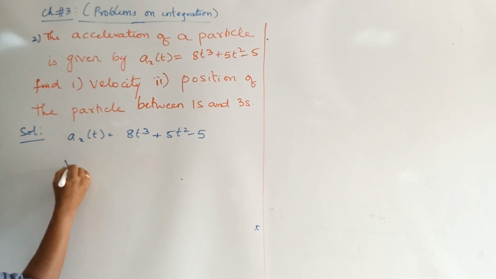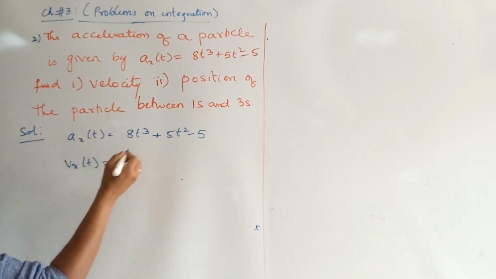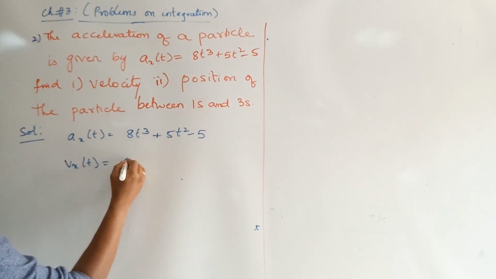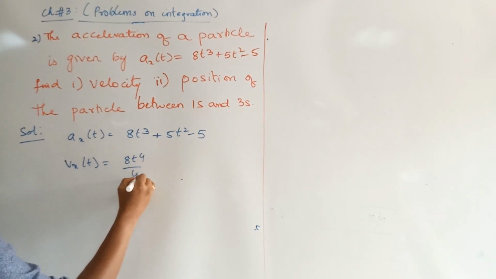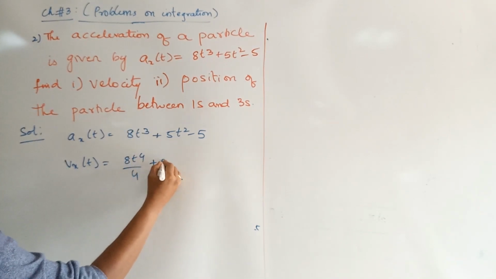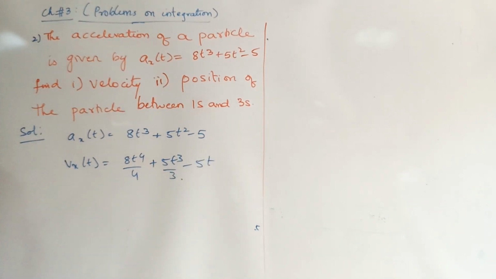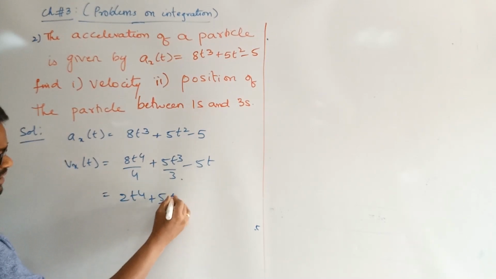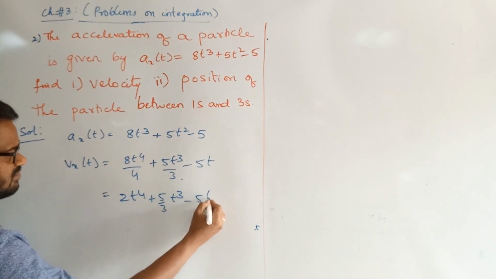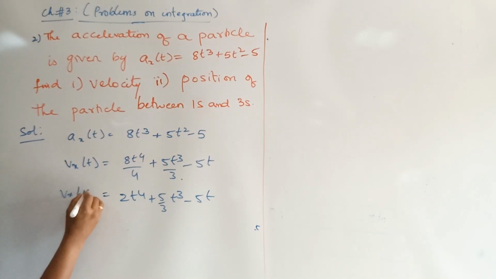Integration of this equation would be in the form of a t power 4 by 4 plus 5t cube by 3 minus 5t. This would be the equation you might have come across somewhere. Or you can write this as t power of 4 plus 5 by 3 t cube minus 5t. This is velocity as a function of time.